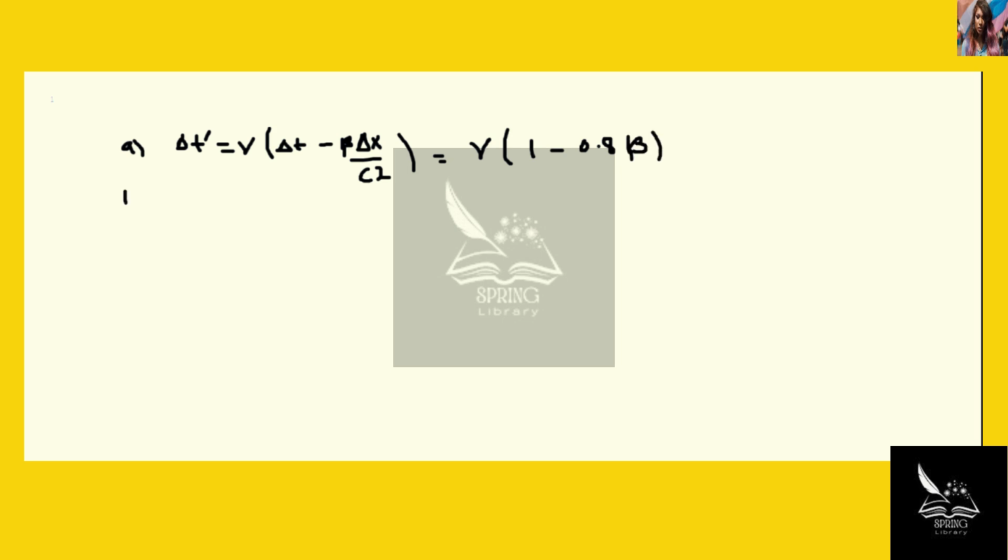In part B, we are asked to plot delta t dash versus beta for values of beta greater than 0 but less than 0.01. So if I plot the graph here, plugging in beta and delta t dash, with the maximum value 0.01, then my graph will look like this.